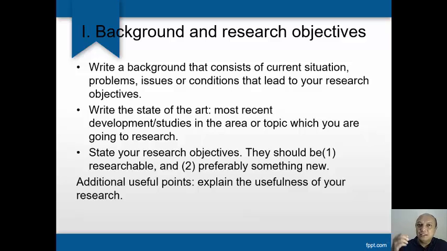Now you have to explain, see, my research is useful for this area to solve that problem, to propose an alternative to that condition, things like that. You have to state why your research is useful and worthy of funding. Okay, so that's in part one.